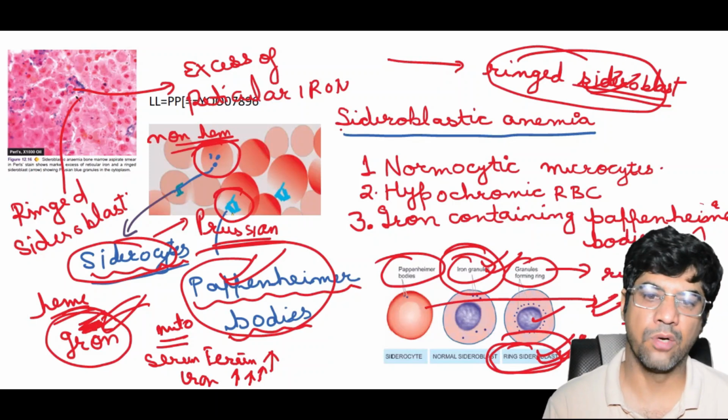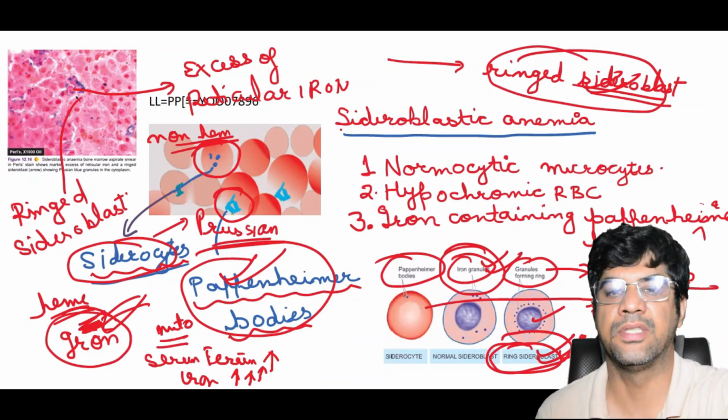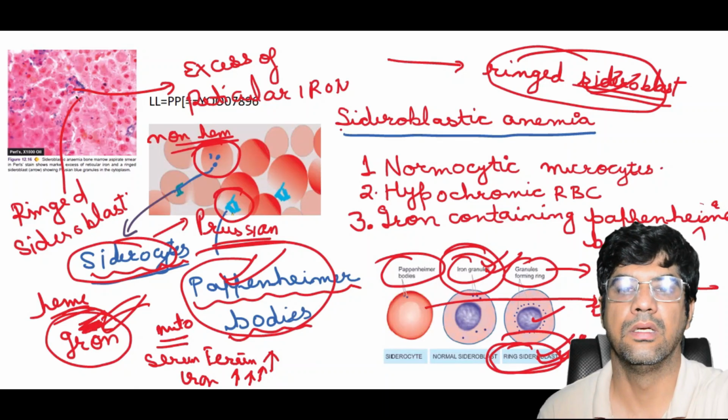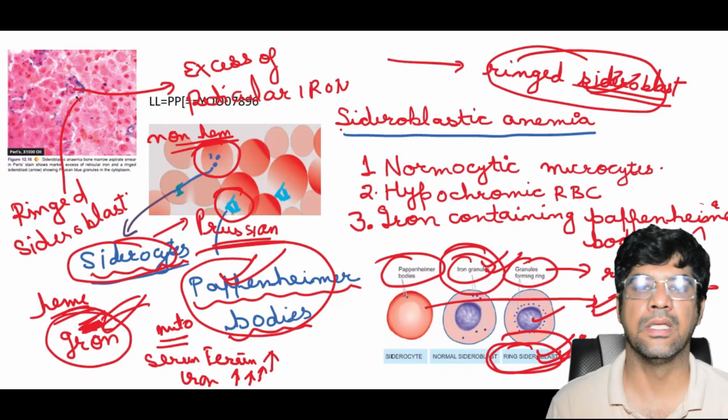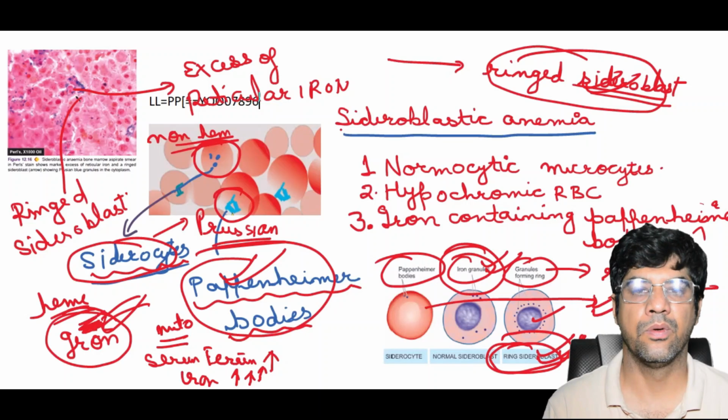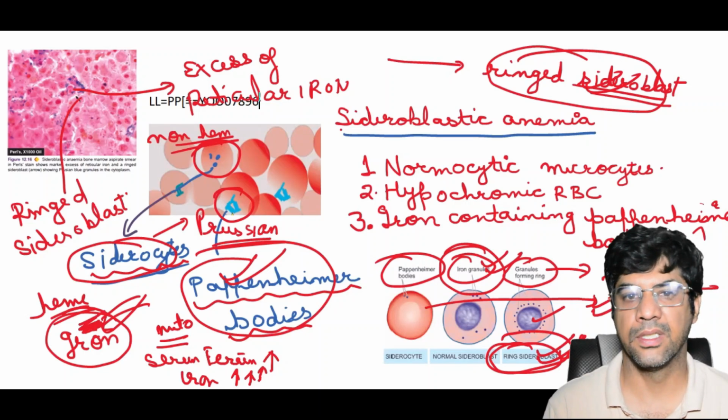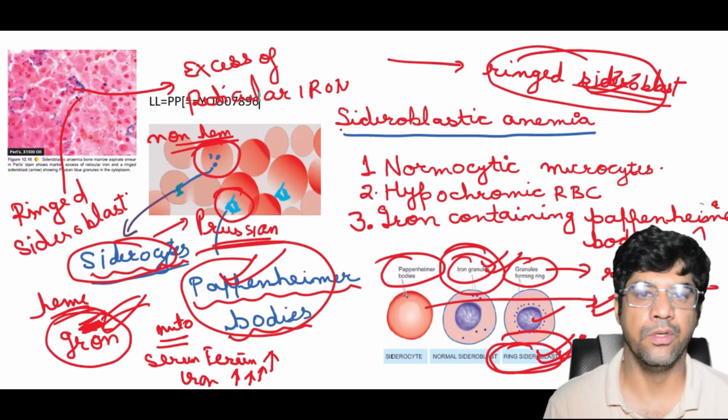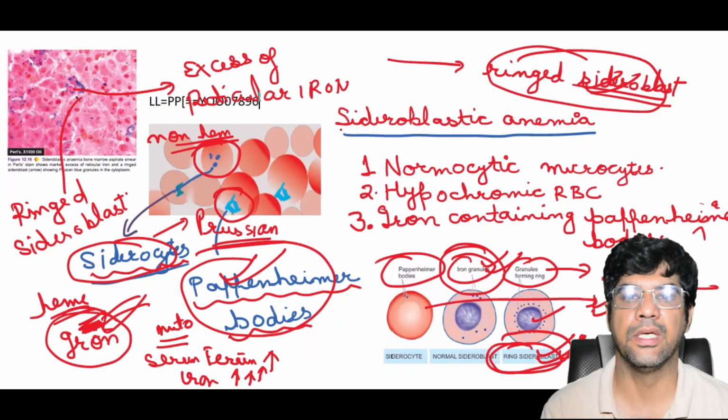So the presence of ring sideroblasts. Remember, sideroblasts are erythroblasts, immature blood cell precursors seen in bone marrow with iron-loaded mitochondria that you would see under Prussian blue staining.